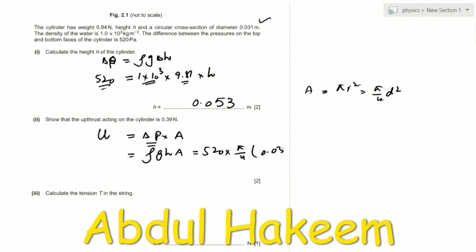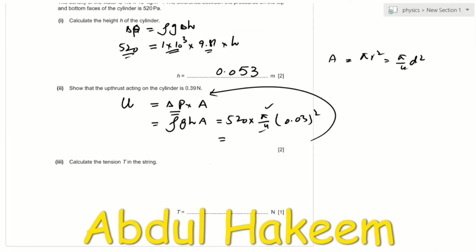It can be written as rho g h into area, so this pressure difference is equal to 520 multiplied by area. Area, either write pi r squared or pi by 4 diameter squared. If the diameter is given, then it will be pi by 4 and diameter squared, meaning 0.031 whole squared. Now calculate this: 520 multiplied by pi divided by 4 and multiplied by the square of this. You will get the same answer, 0.39.